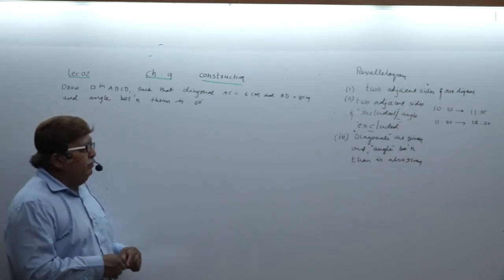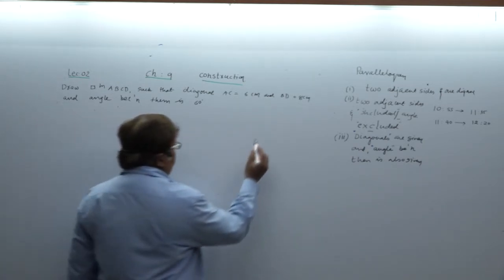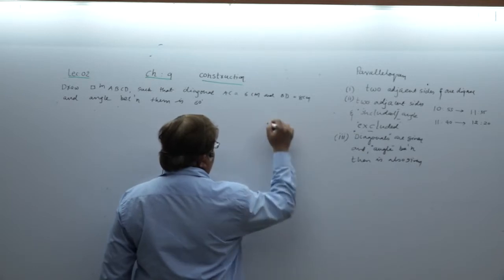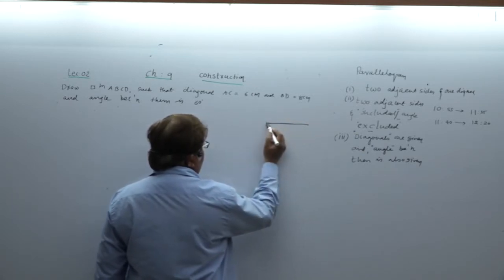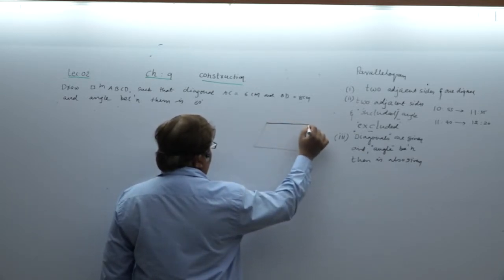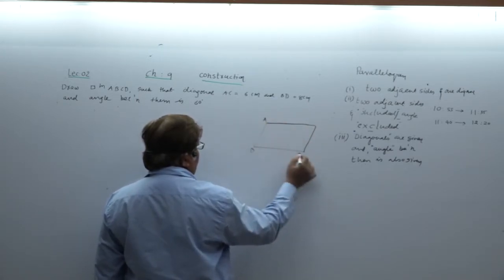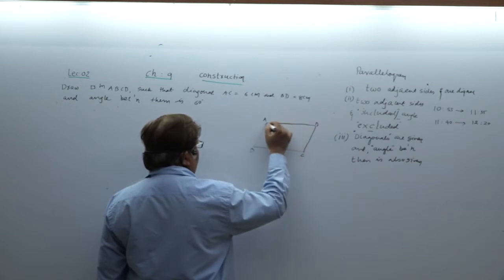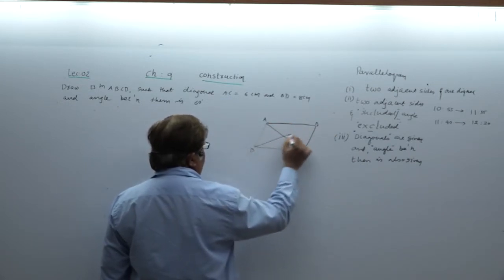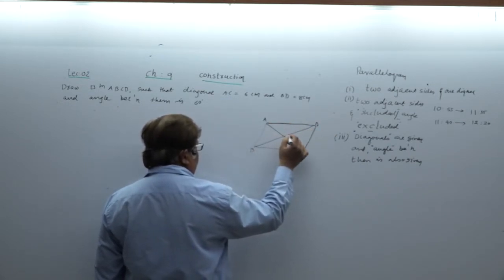Because here, dear student, suppose I just draw the rough sketch of this type of construction. See, suppose this will be parallelogram ABCD. You are given two diagonals AC and BD, and you are given the angle between the two diagonals.